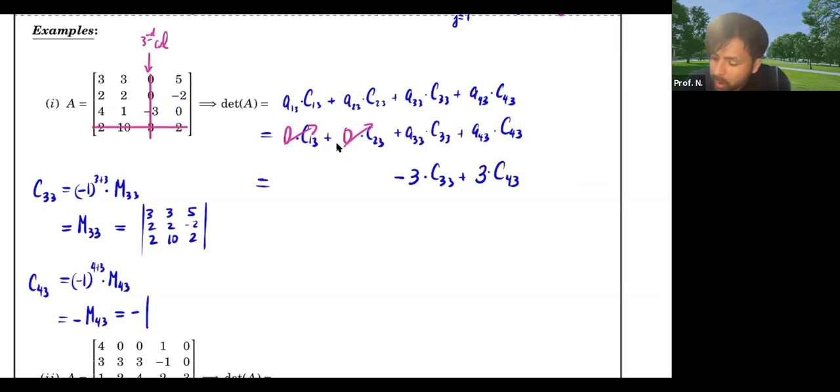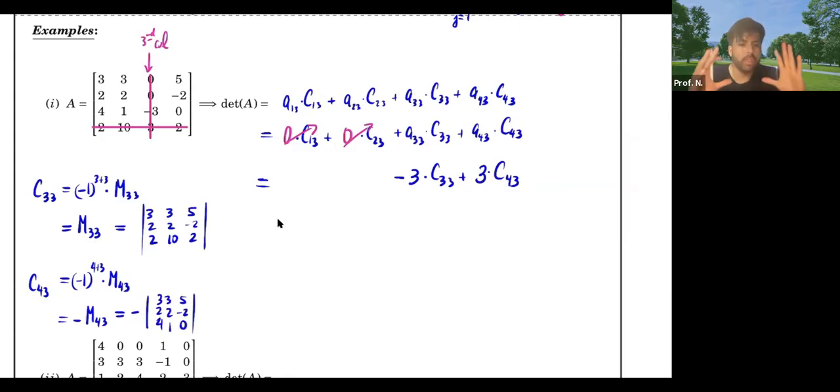This becomes 3, 3, 5, 2, 2, -2, 4, 1, 0. Does everybody see that? Are we good so far with this? Yes, sir. Okay, good.